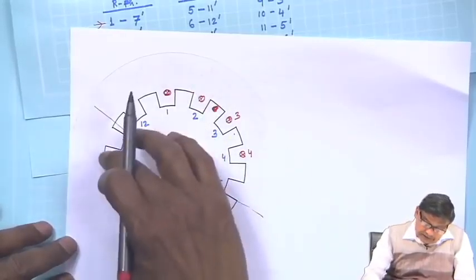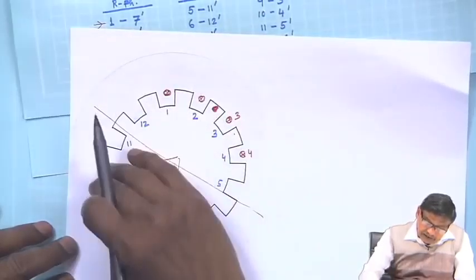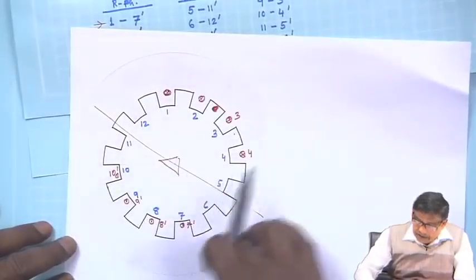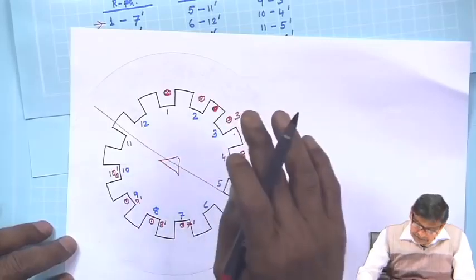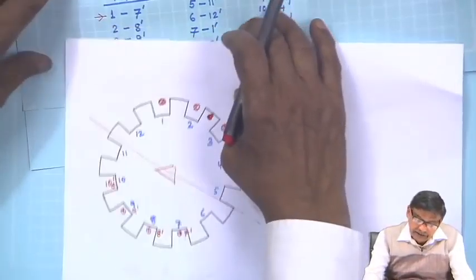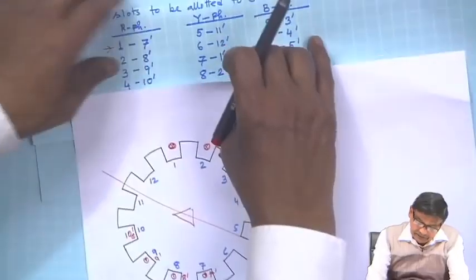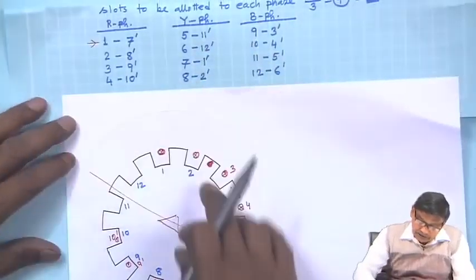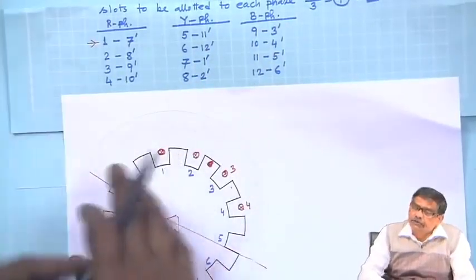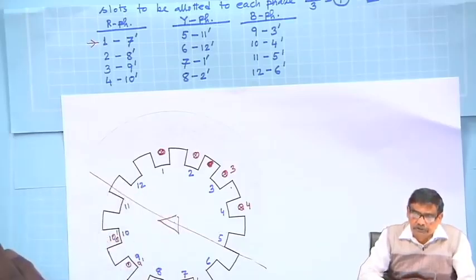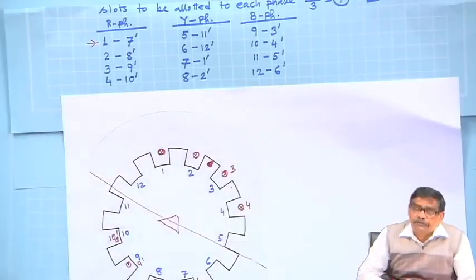So, this side will become north pole of this iron, half and half south pole. In exactly the same fashion, if I wish, I can put other conductors for Y and B phase, each one of them has to produce 2 poles and they will produce it.